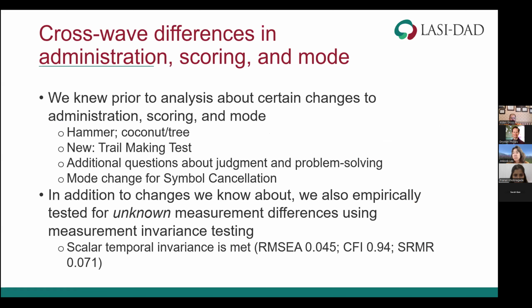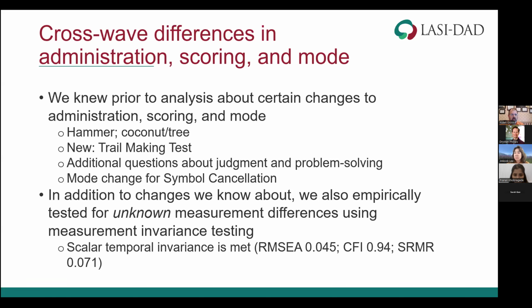Just taking a step back, we knew that we did make certain adaptations in wave two. We changed certain tests from our experiences in wave one, and there were differences made in administration, in scoring of tests, and in mode of administration. So we knew about some of these things. Pranali mentioned the question about the coconut.